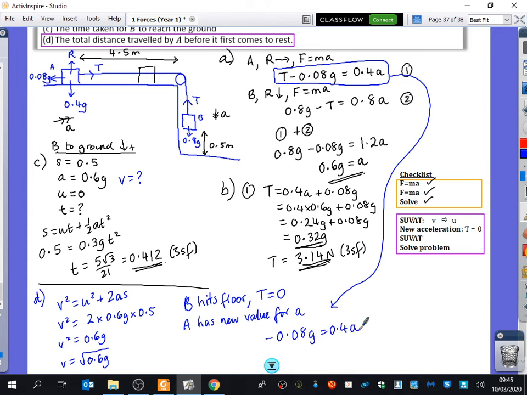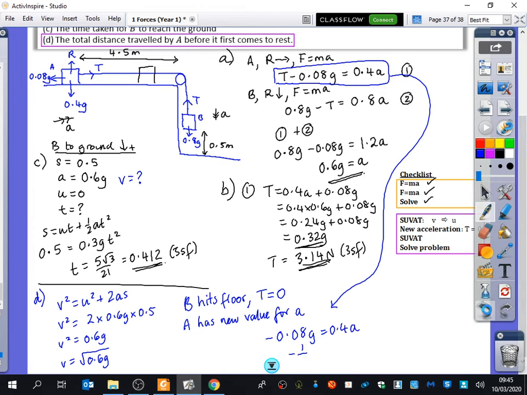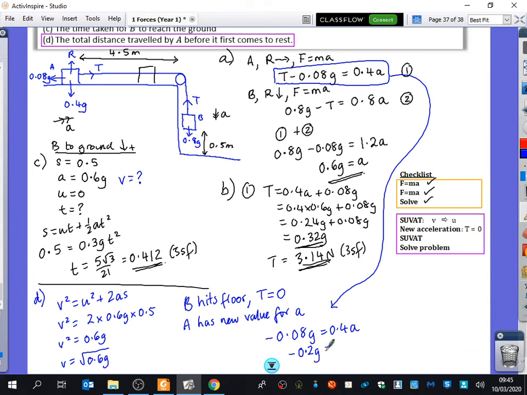So I'll divide both sides by 0.4. And so we get minus a fifth g, or let's put it as decimals to make this easier. We get minus 0.2g is the acceleration. Deceleration, really, isn't it? It's slowing down.